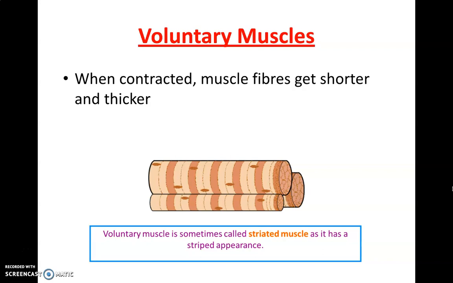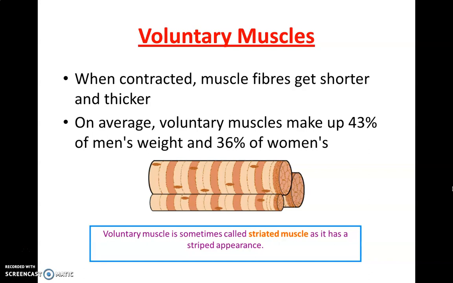And it goes into like a rounded sort of shape. And that's because the muscle fibers are getting shorter and thicker. And then when you straighten your arm out and you relax it, your bicep will go smaller because it's nice and relaxed. So voluntary muscles make up 43% of men's weight and 36% of women's weight.